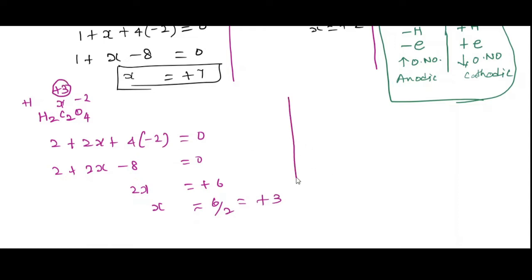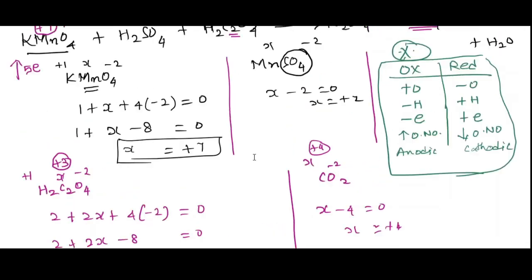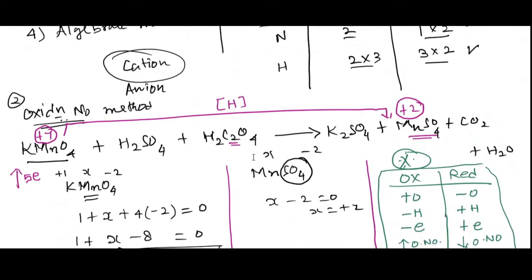Similarly, let us work out carbon dioxide on the product side. You know oxygen is -2 and carbon is x. So x minus 4 is equal to 0, and x is equal to +4. So +4 is the oxidation state of carbon on the product side. This is +3 and that is +4. Let us mention that also.